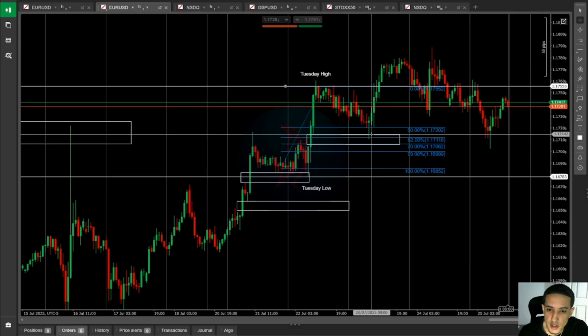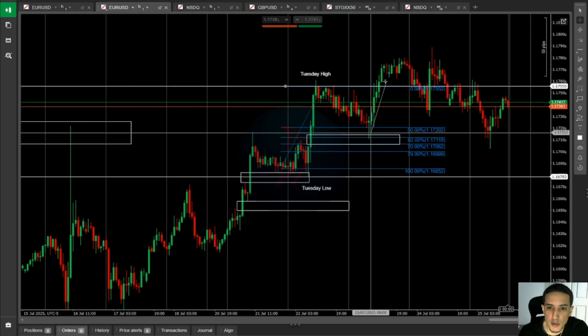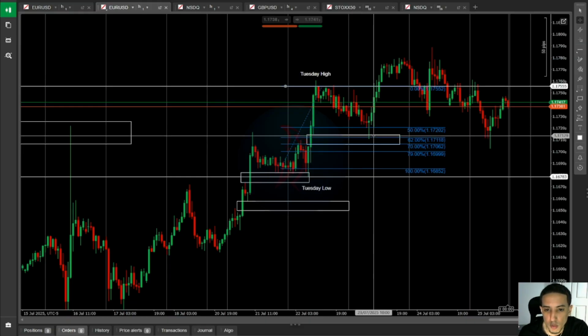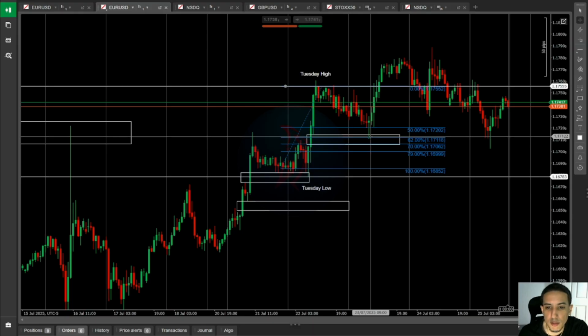If we would have got an entry around in between the 50% to 62% level, you would have probably been making, you know, we got 40 pips. So I know you're not going to make the most perfect entry. You might not be in time unless you place an order right at the 62% level and the market actually executes it.